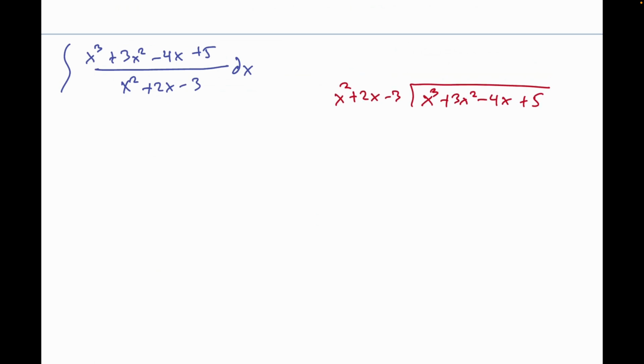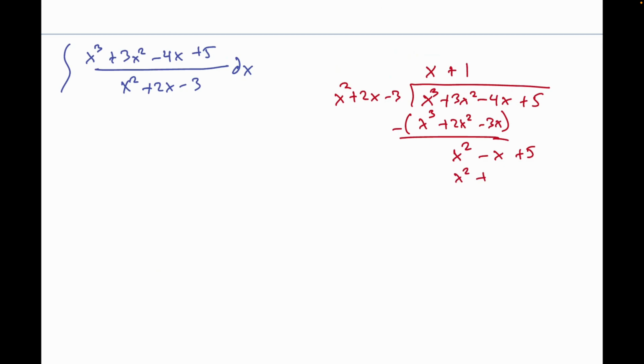So x squared goes into x cubed an x time. We're going to multiply that back through, and then we're going to subtract all of that out. The x cubes cancel out. We get a single x squared, and we get a minus x, and we'll bring down the plus 5. All right, now x squared goes into x squared one time.